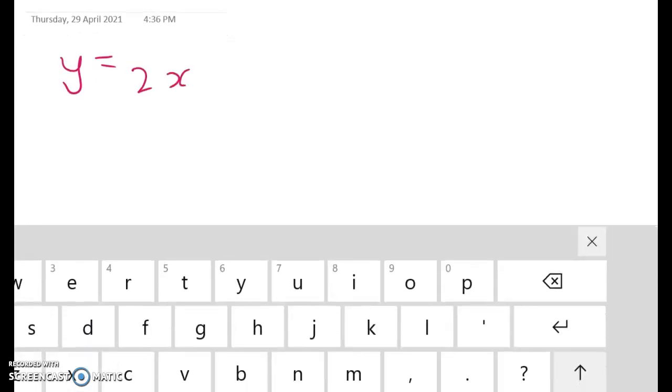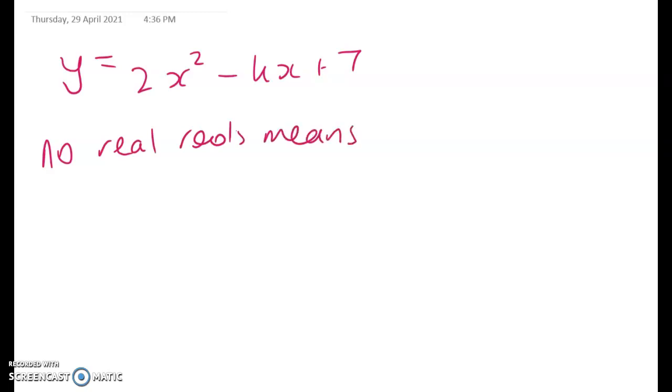Okay, so I'm going to start with question 1. We've got y is equal to 2x squared minus kx plus 7. So we want to know when it has no real roots. So no real roots means the discriminant must be negative. A is equal to 2, B is equal to negative k, and C is equal to 7, right?